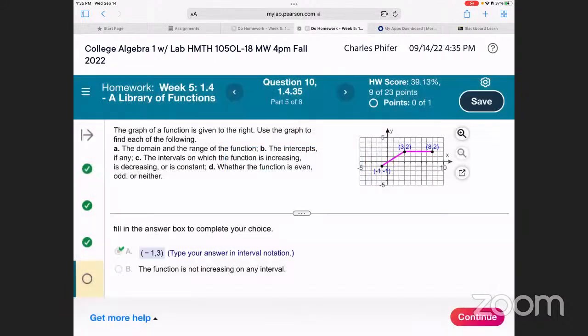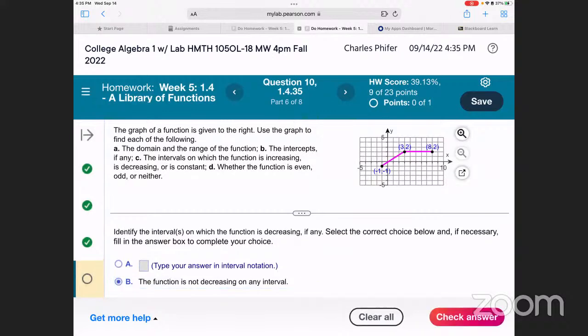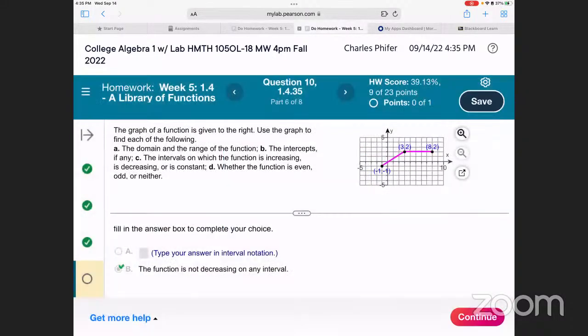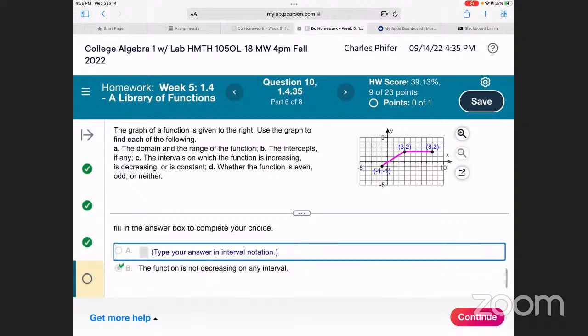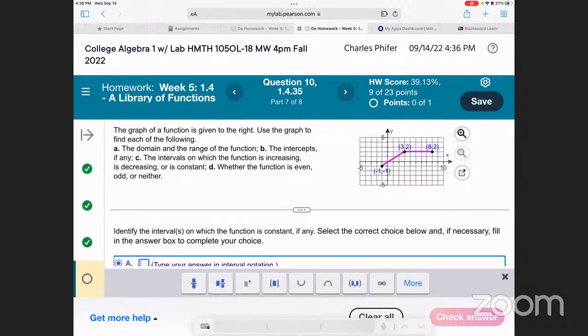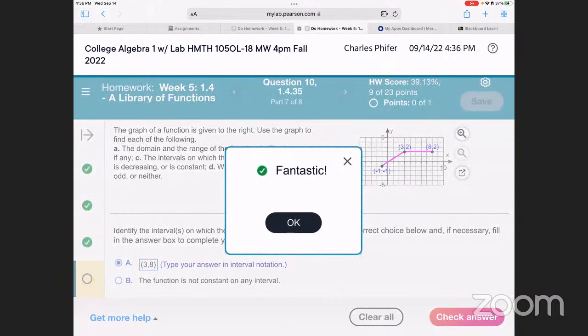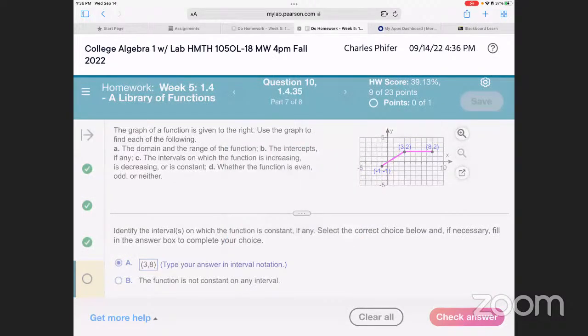Decreasing, it's not decreasing anywhere, so we're going to go with B. And then constant is constant as x goes from 3 to 8. Parentheses, 3 up to 8, close parentheses. So this is interval notation, not to be confused with an ordered pair, right? Those are two different concepts.